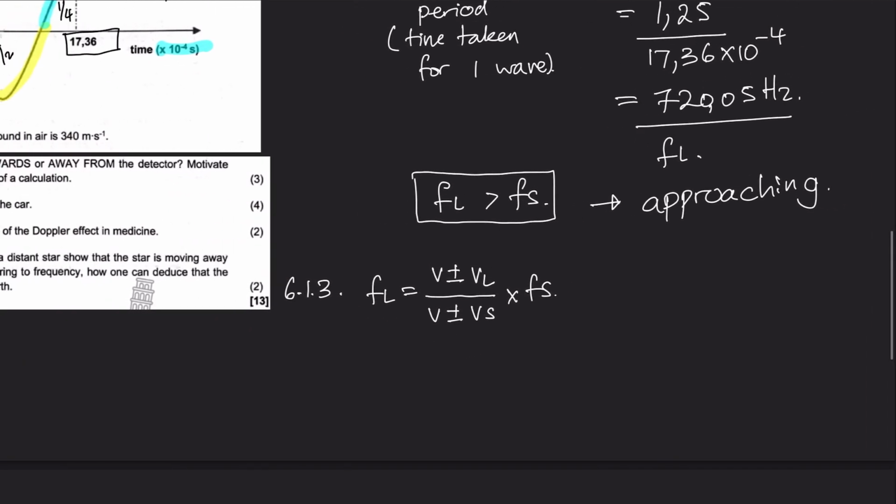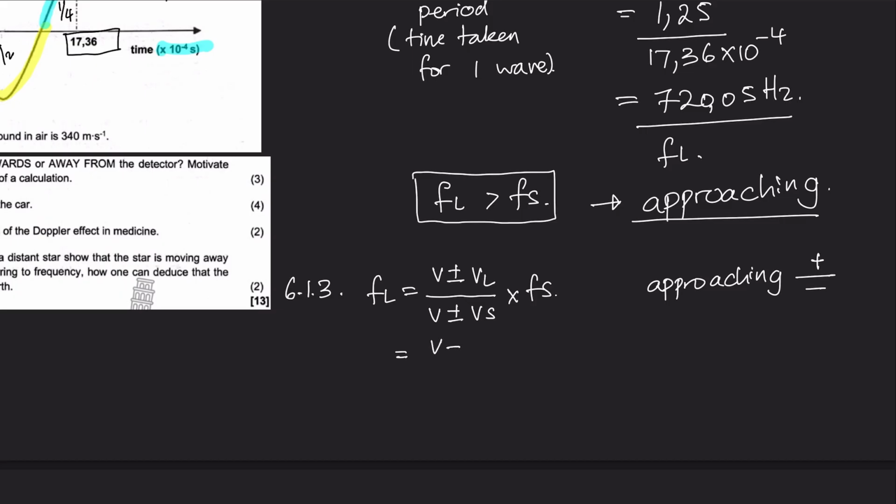In this case, they are approaching one another, and if they are approaching, you're going to have a plus on the top and a minus at the bottom. I generally say you have a big top and a small bottom. So in this case, you're going to have V plus VL divided by V minus Vs times Fs.